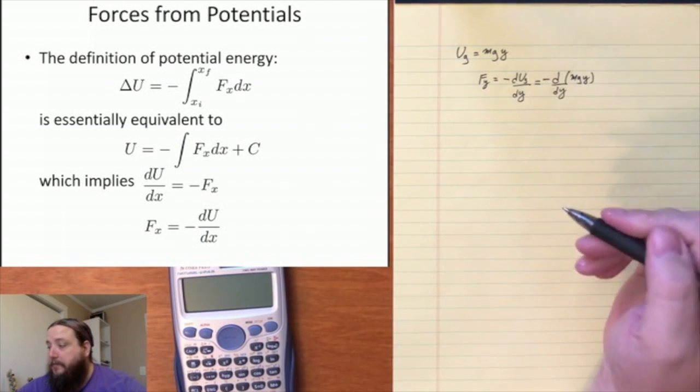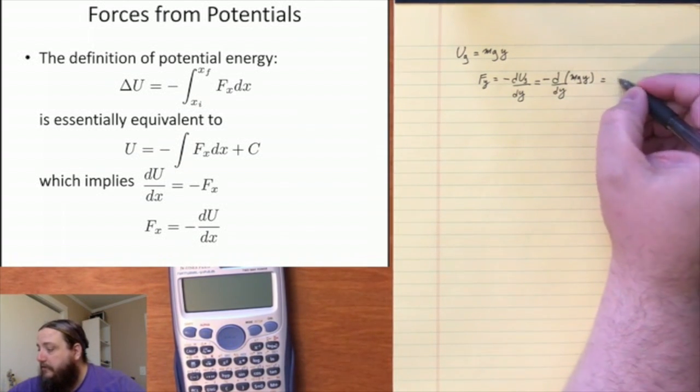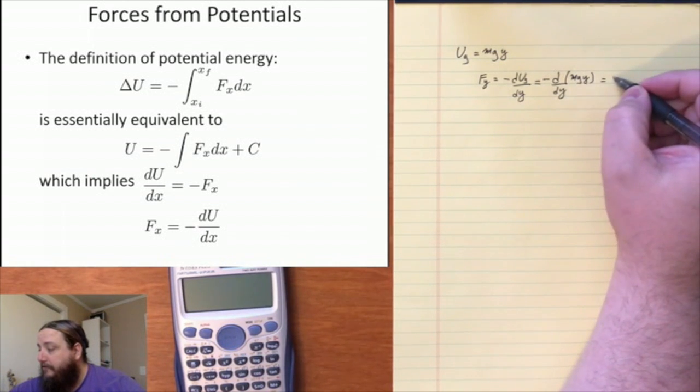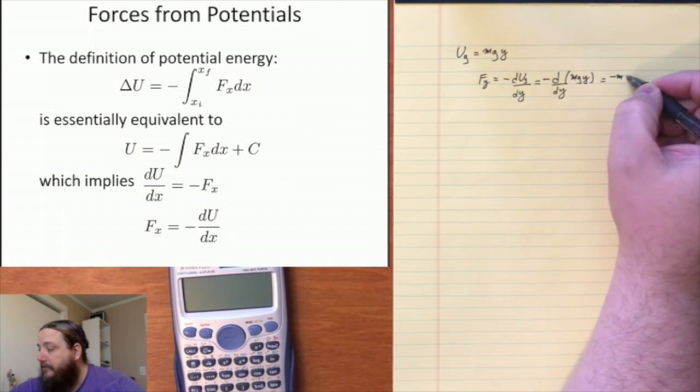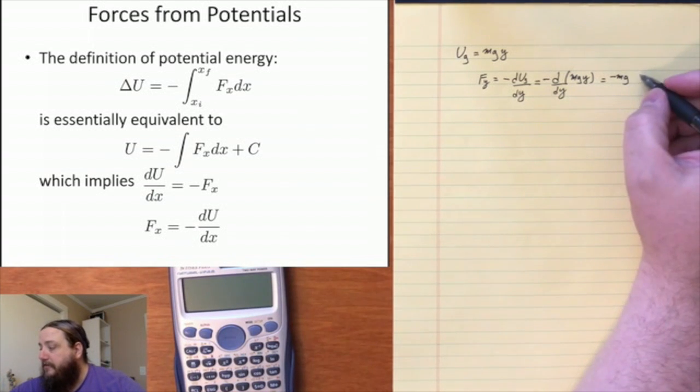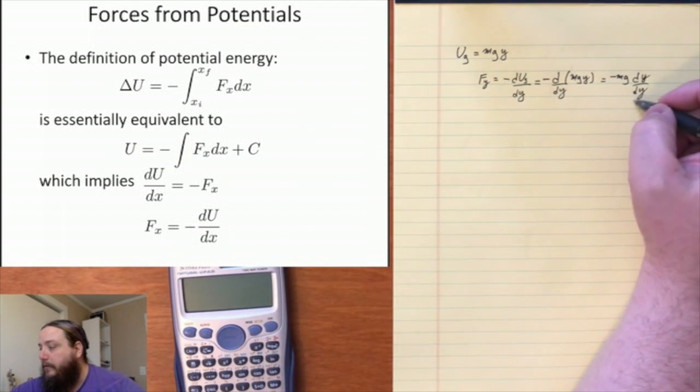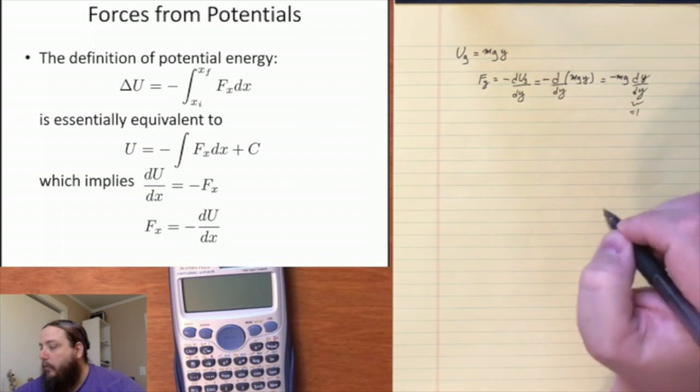And the mg comes out, because those are constants, so minus mass times gravitational acceleration constant times dy/dy, and dy/dy is obviously just 1.